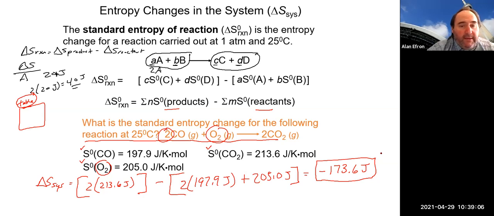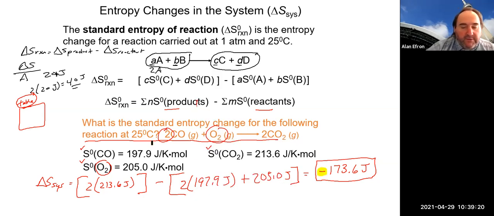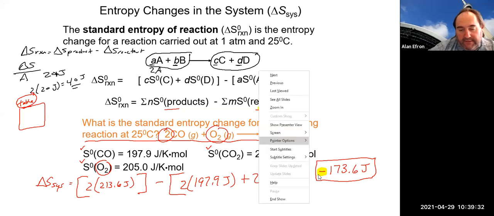And in reality, before we did the calculation, we could have made a pretty good assumption as to whether or not our entropy value would be positive or negative. So how could we have made that assumption by simply looking at the equation? Well, if we look at the equation, I've got to clean up the equation here for a sec.